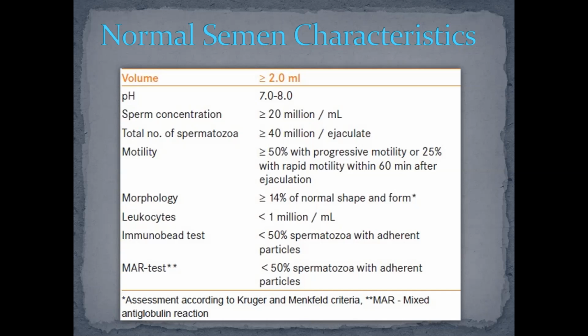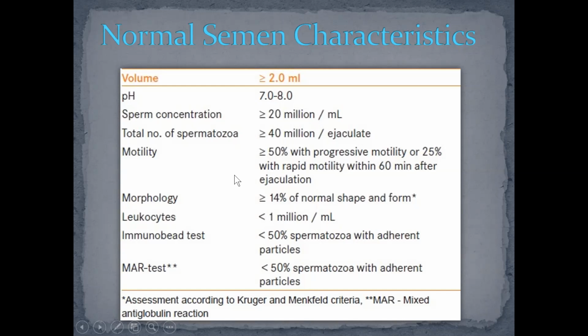As we see, the pH of normal semen should be 7 to 8. Sperm concentration should be more than 20 million sperm cells in 1 milliliter. The total number of spermatozoa should be more than 40 million per ejaculate.